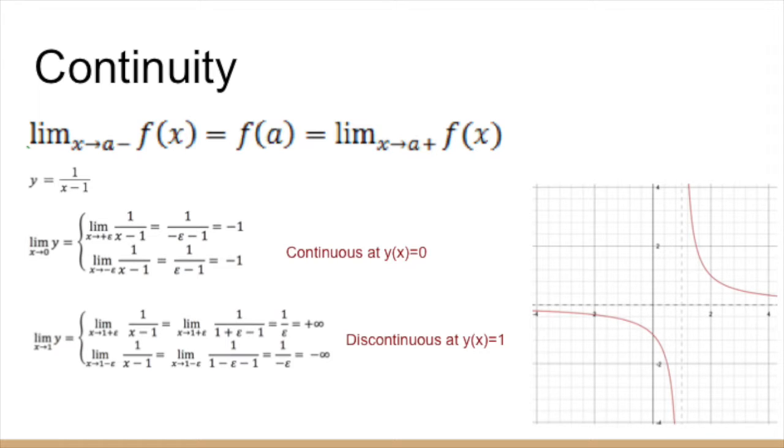When x equals another value, for example, when x equals 0, both left approaching and right approaching limits are equal to the same result. So, you can say that it is continuous at x equals 0.